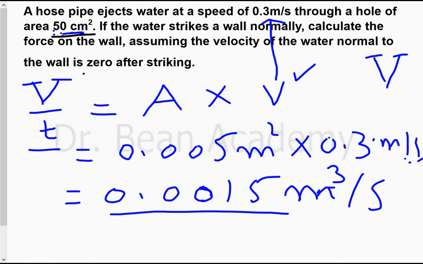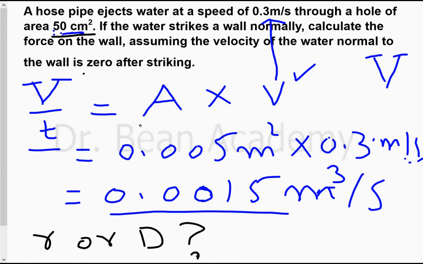So if you are given the radius or diameter of the pipe, what will you do? Instead of the area, like 50 centimeters squared in this question, if they give you the radius or diameter of the pipe through which the liquid is passing, then you know how to deal with that problem, right?